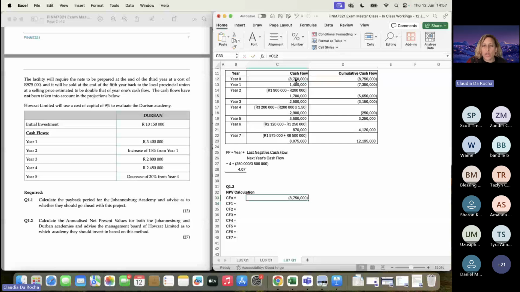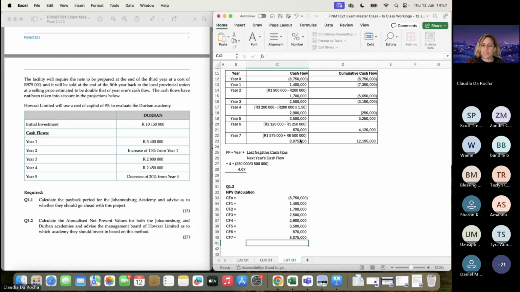So the cash flow, not the cumulative ones. Okay, so just double checking that we haven't forgotten one.